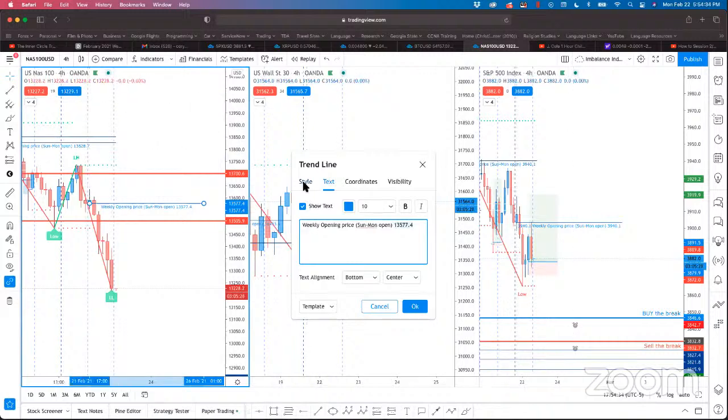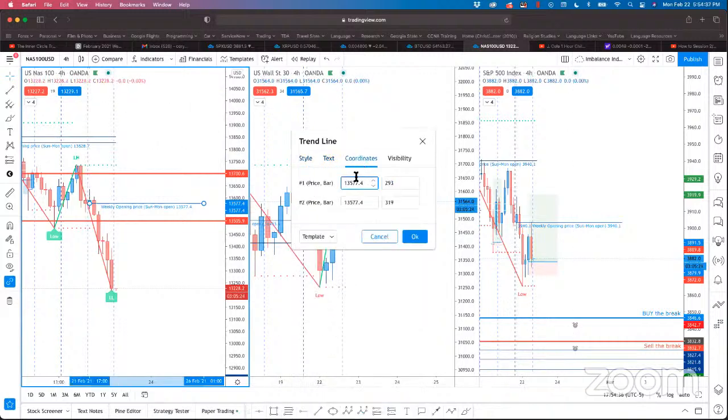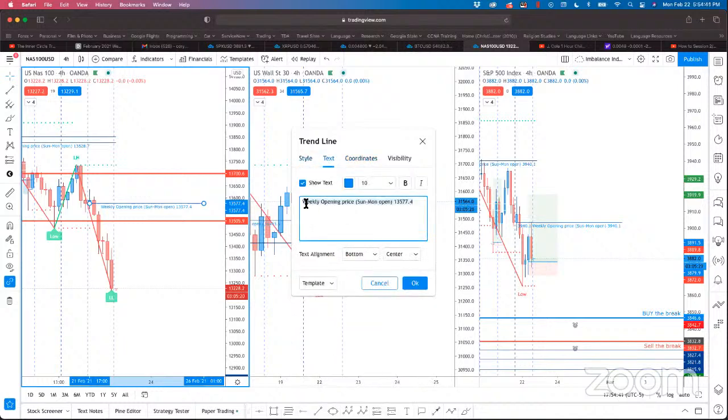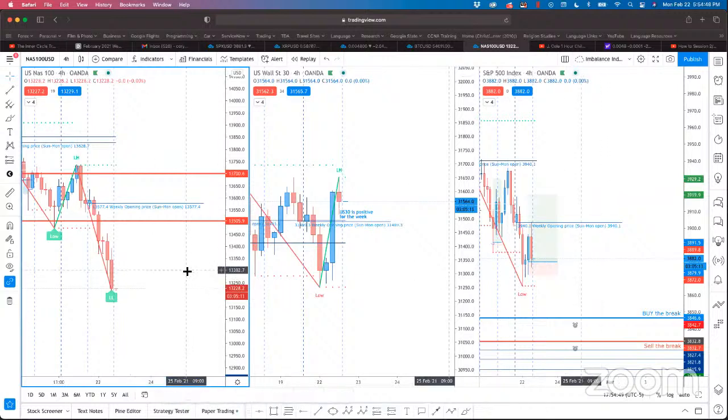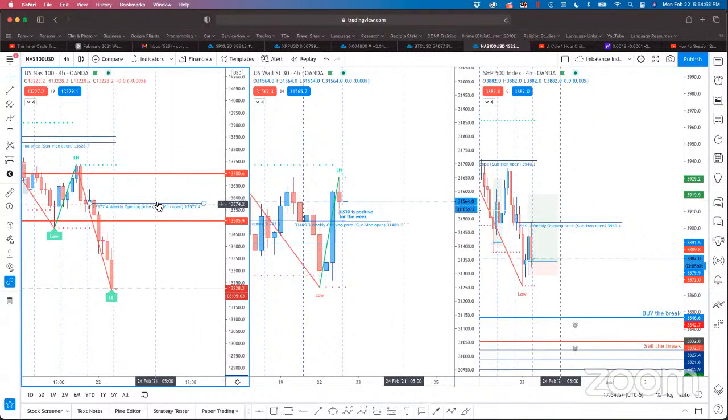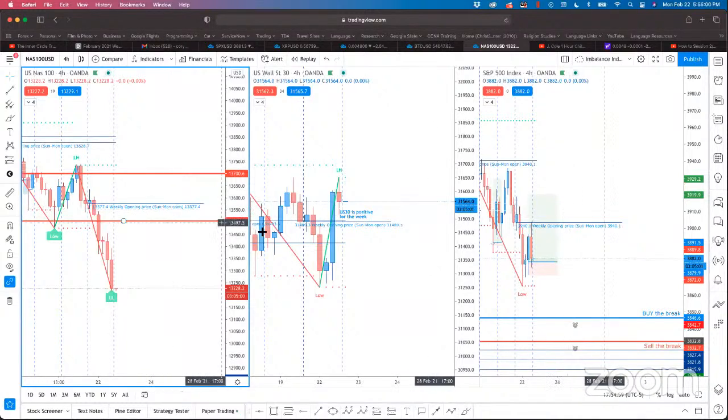So I know already that for the week on NAS and for the week on SPX, I am bearish. And unless I can break above this, I shouldn't be looking for a buy, because I know that this is going to act as a major resistance area.